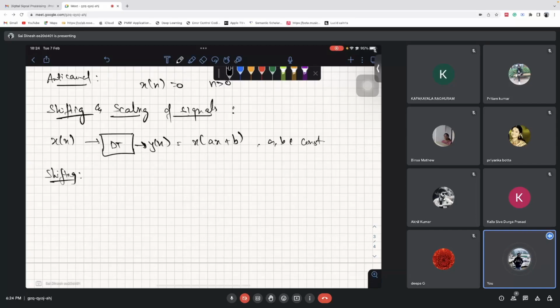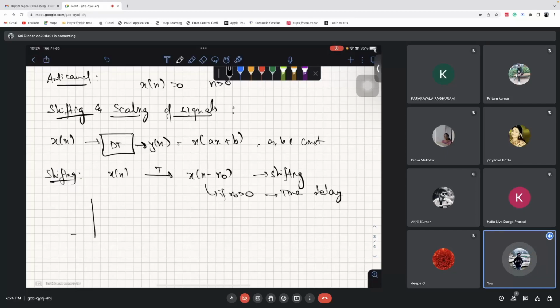So shifting is, let's say, x of n and then you pass it to a discrete time system, and then you have x of n minus n naught. So this is known as shifting, and particularly when n minus n naught, if n naught is greater than 0, it is known as time delay.